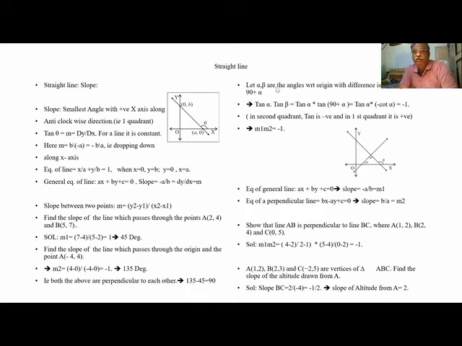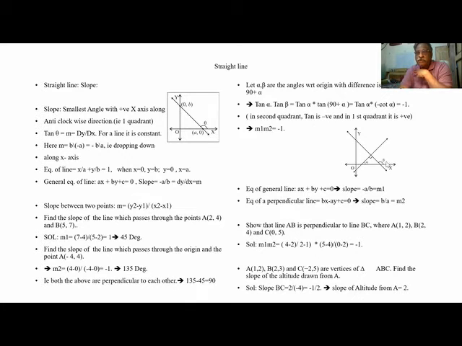Now let us say alpha and beta are angles with respect to the origin, with a difference of 90 degrees. So beta is 90 plus alpha. Tan alpha tan beta is tan alpha into tan of 90 plus alpha. Here this slope is alpha, this slope is beta.